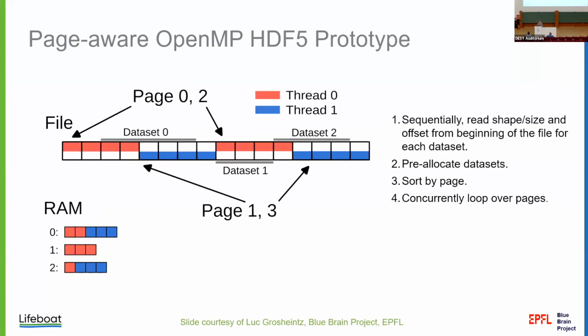The second, so-called page-aware strategy, worked differently: instead of reading the data of the data set directly, each thread read assigned pages. Then the pages were assembled in memory, and the data sets were read from memory and written to another file. So we have the direct approach and the page-aware approach.